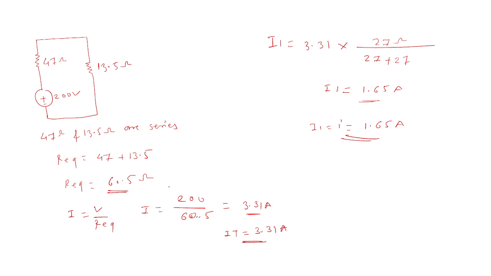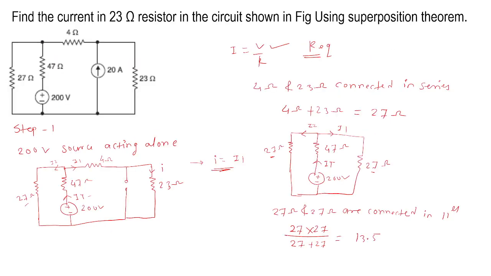So now what we are going to do, we are going to listen. Now this is the step 1 we have completed. In step 2 what we are going to consider, only 20 ampere source. Listen carefully, only 20 ampere source is acting alone, हे असं आपण कन्सिडर करणार आहोत. तर ते कन्सिडर करत असताना आपल्याला सर्किट डायग्राम रीड्रॉ करावी लागेल.